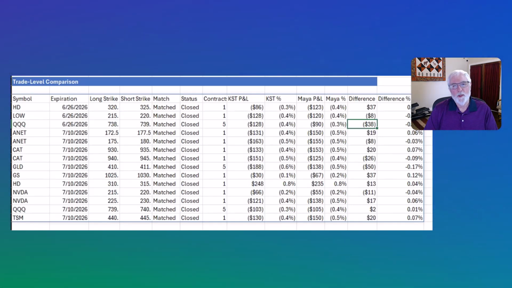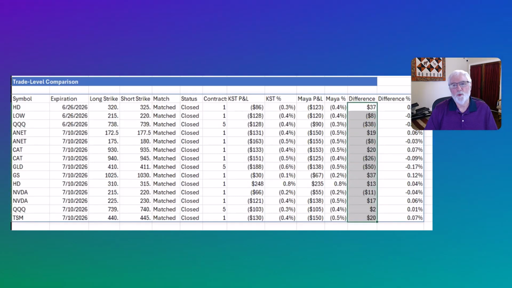So now this week, after Maya has restated their positions and their P&L for positions that had 5 contracts, we're now seeing these are much closer and more in line with what we expect. We're still seeing some differences here, which we would expect, since we don't get exact fills. But when the difference was several $100s, now if I total this up, it's only about $28 difference.